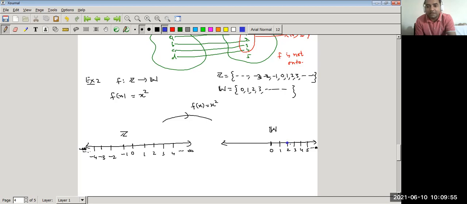You can take any y from the codomain, and corresponding to that y we have to find an x belonging to the domain. But let us take 2 belongs to W, or we can say 2 belongs to the codomain. Now, 2 belongs to W does not have a pre-image.